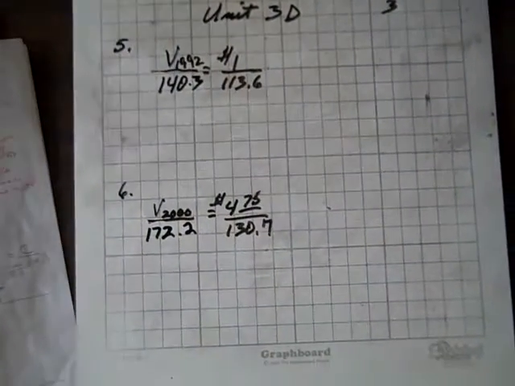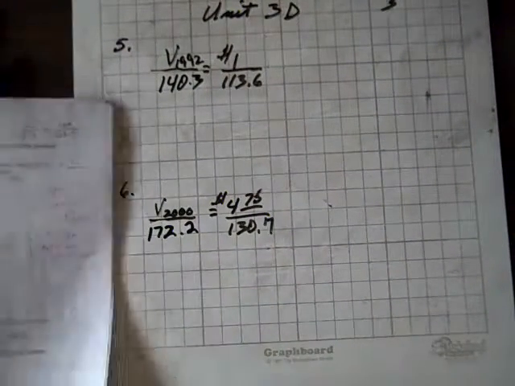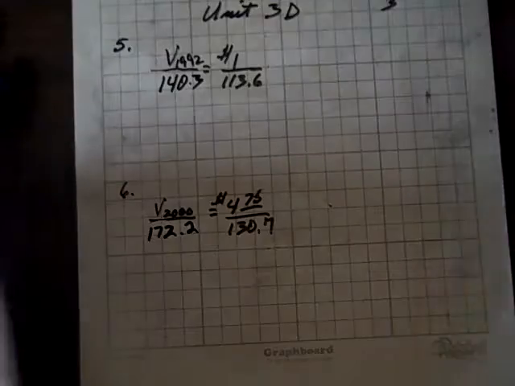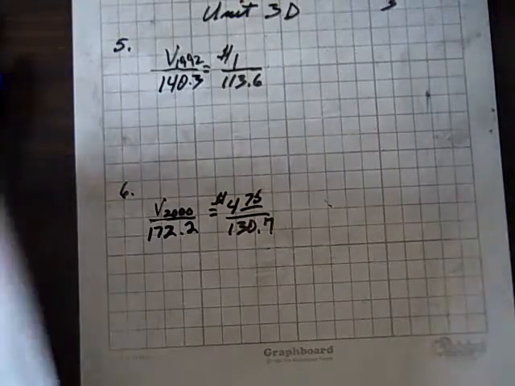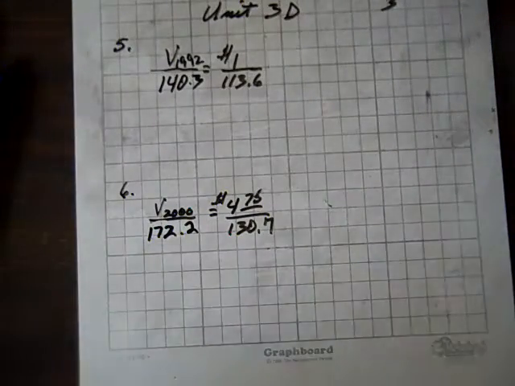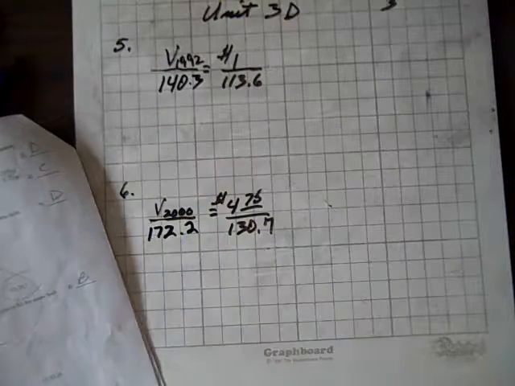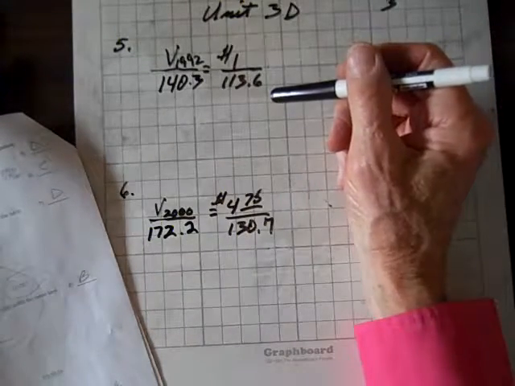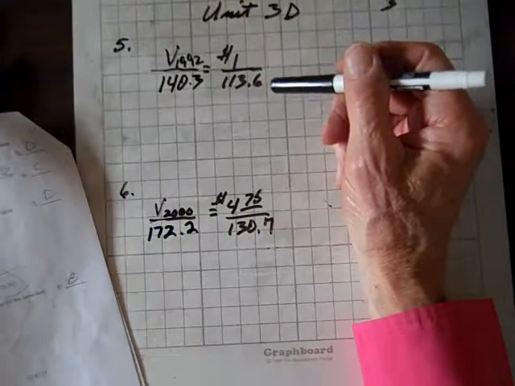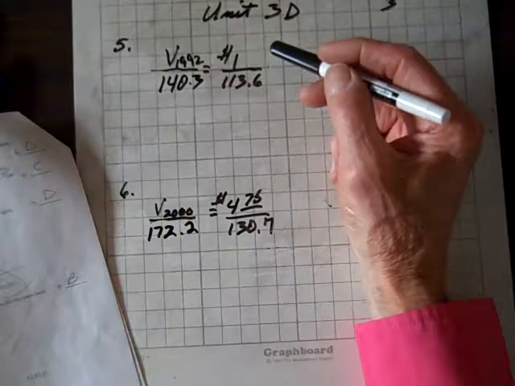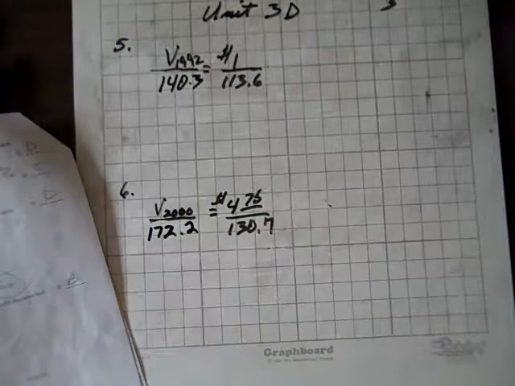So now we'll do questions 5 and 6. For number 5, we're looking for what was the purchasing power of $1 in 1987 in terms of 1992 dollars.